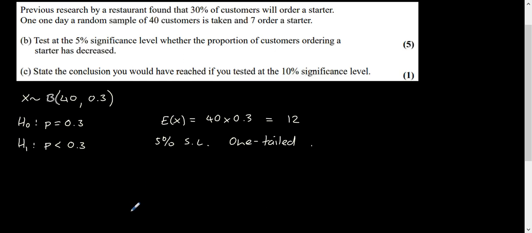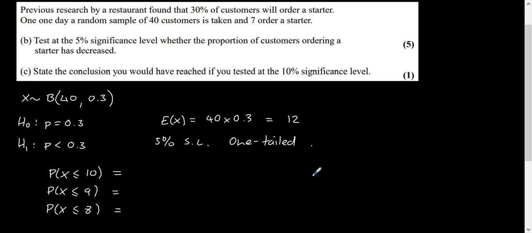So let's get cracking. We look at our expected value, and the first thing I'm going to do is test a number that is probably a couple less than that. And I'll find out what I've got, and then I'm going to keep going until I reach a probability that is less than 5%, less than 0.05.